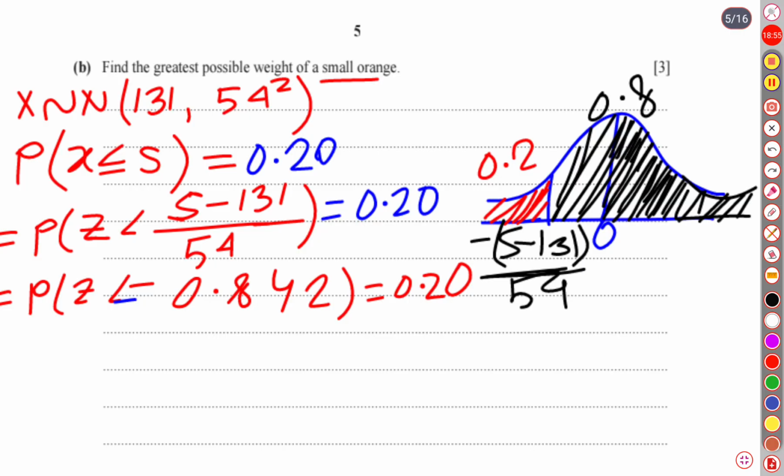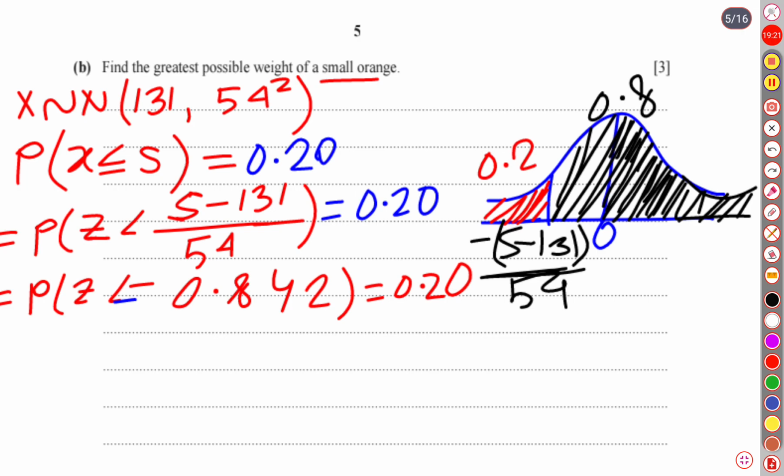We can find the direction of the z score. If the z score lies on the left side, it will be negative, like this one. If the z score lies on the right side, then it will be positive. Otherwise, for probability, always we will use the greater quantity. So the greater probability is 0.8. For probability 0.8, the corresponding z score is 0.842.